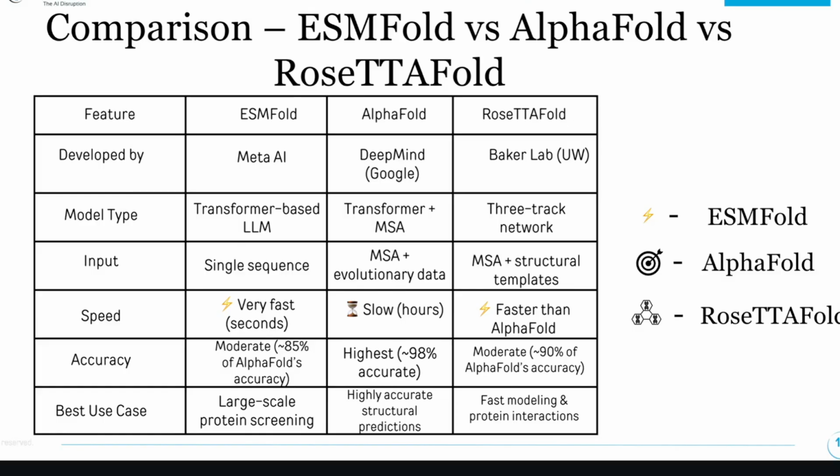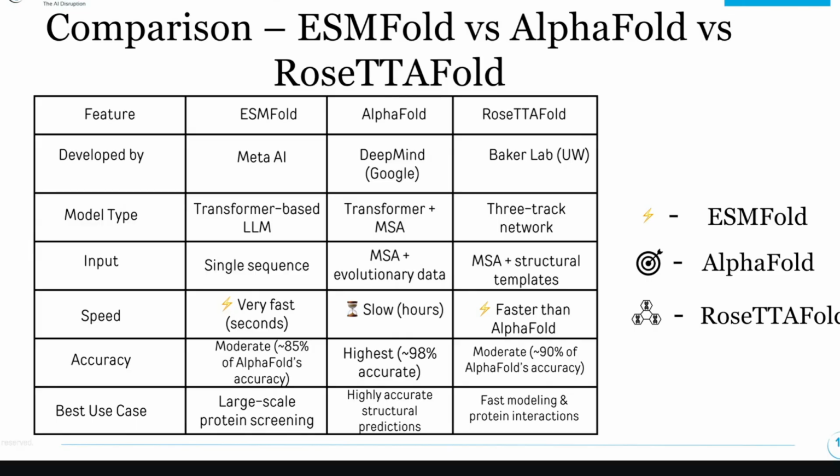They designed this multi-protein interaction modeling structure, which contains a transformer-based large language model. Sorry, not RosettaFold. RosettaFold does not contain a transformer-based model, but RoseTTAFold utilizes the concept of diffusion to find novel proteins.